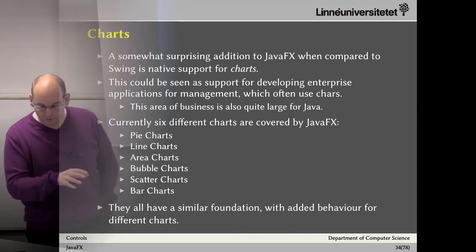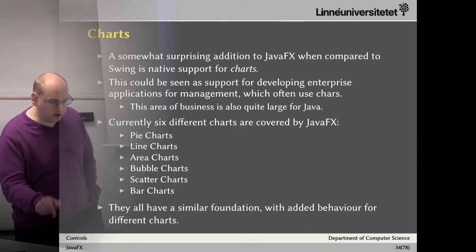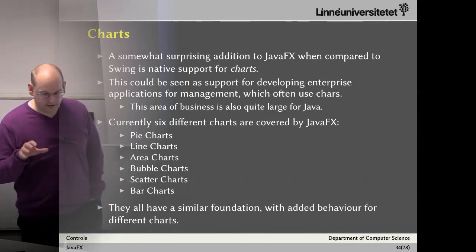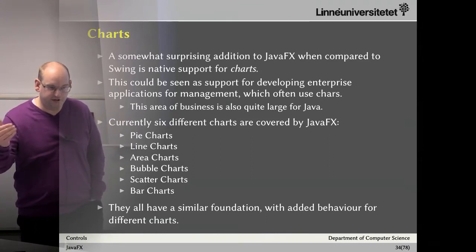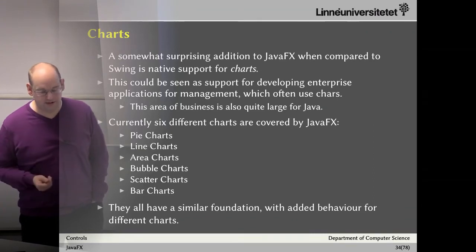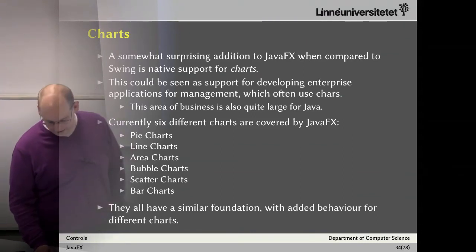There was a question about a specific type of chart. Well, these are the built-in ones. There's of course a chart superclass which you can derive from and make your own if you like. Yeah, you never know, you may need it.